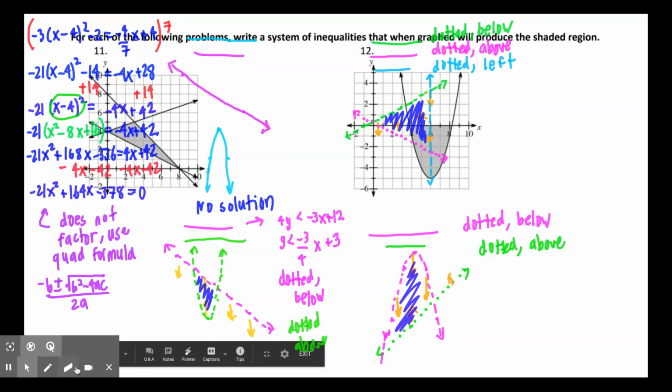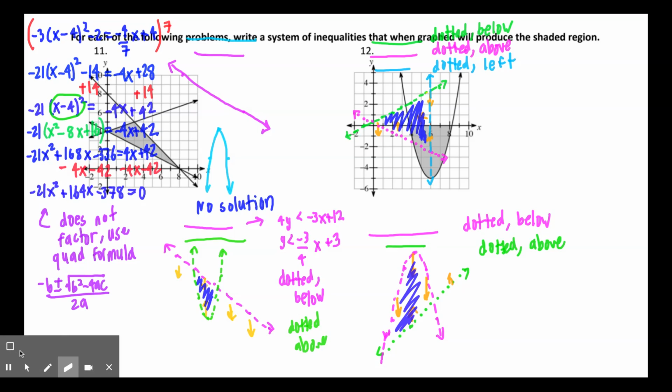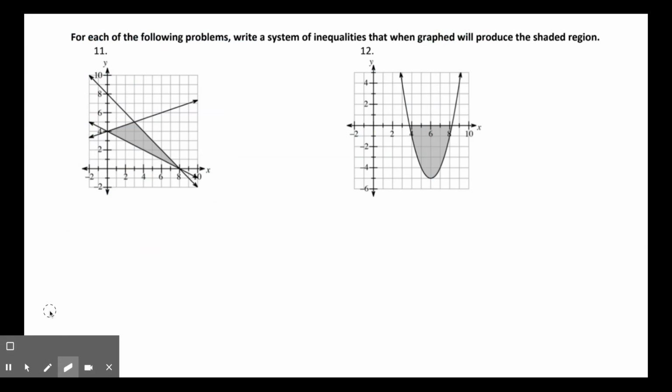Okay, last couple of problems. So you can see this one is a line, and it's shaded below the line and it's solid.